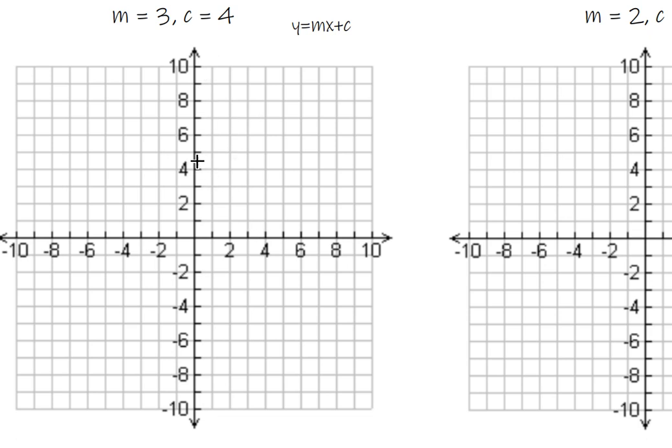So we know it's intercepting the y-axis somewhere here, which is good. Then we know that the gradient is 3, which means for each value it goes across, it goes up by 3, and that's 7.